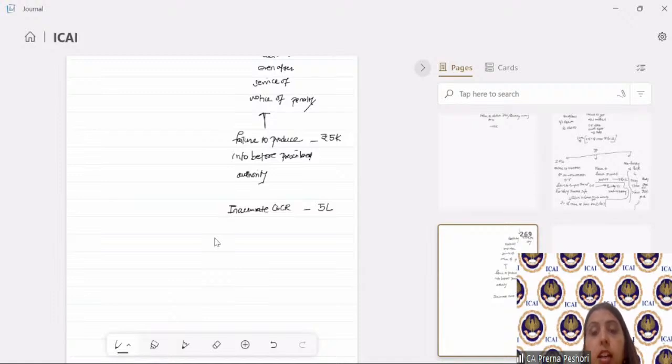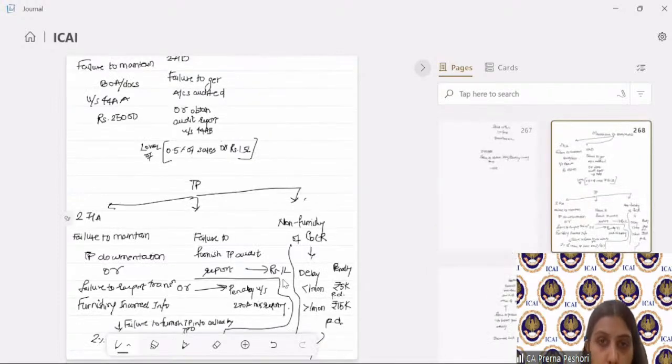So if the entity has the knowledge of the inaccuracy at the time of furnishing the CBCR but does not inform the authority, or if it discovers but still does not correct within 15 days of discovery, or if the entity furnishes incorrect information as a response to the notice, then the penalty is going to be 5 lakhs.